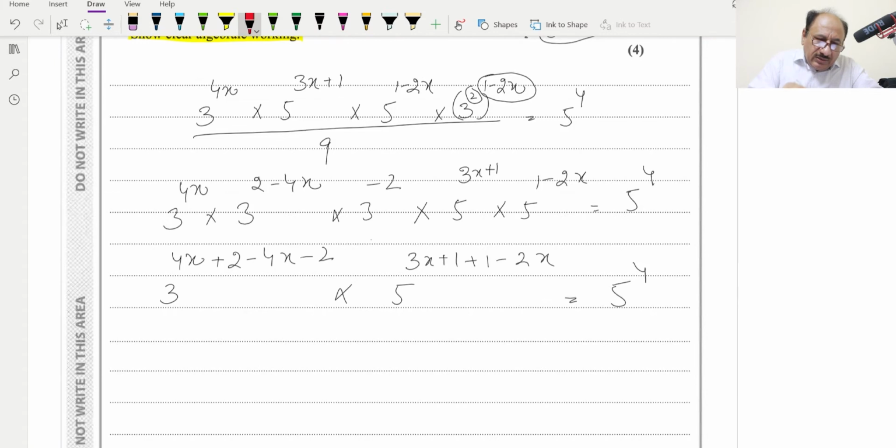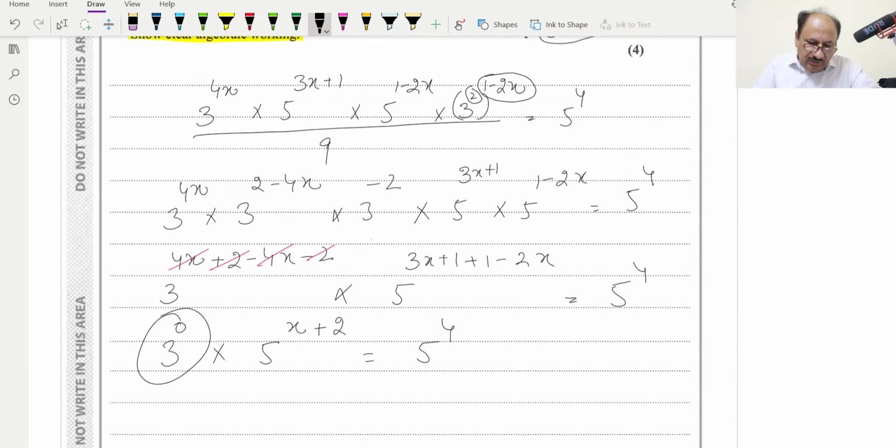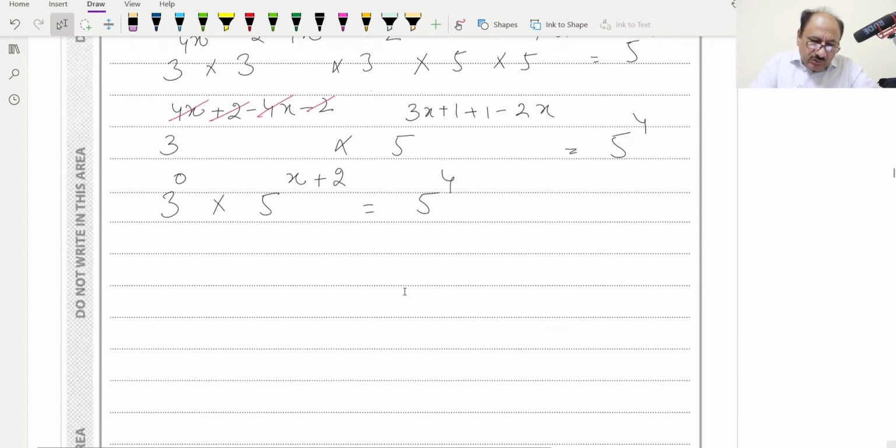And we can cancel 4x minus 4x, plus 2 and minus 2, so it will be 3 raised to power 0 into 5 raised to the power 3x minus 2x will be x, and plus 1 will be 2, so x plus 2, and this is equal to 5 raised to the power 4. Anything raised to power 0 will be 1, so we can leave this one, so it will be 5 raised to power x plus 2 equal to 5 raised to power 4.